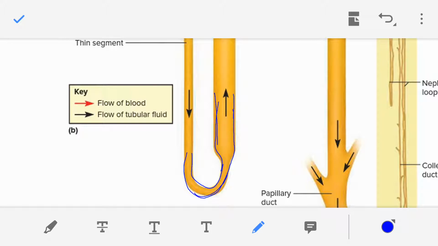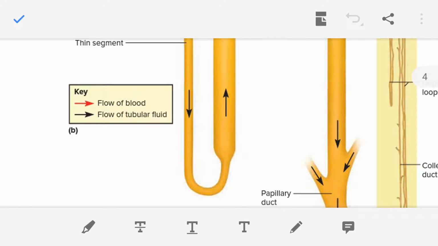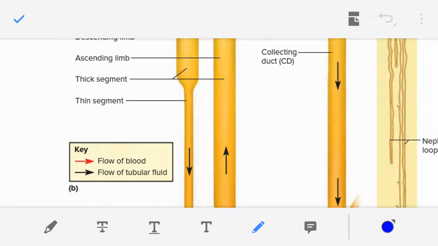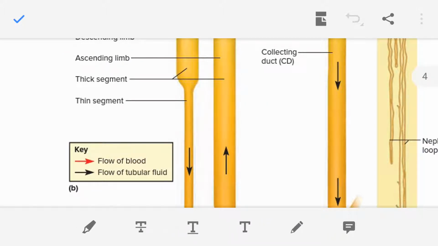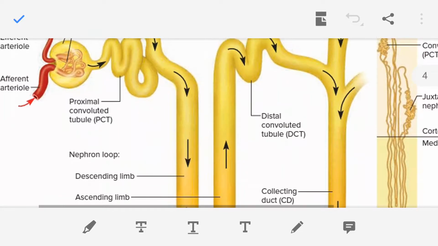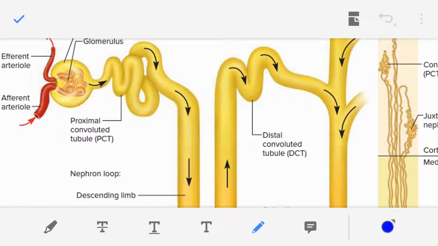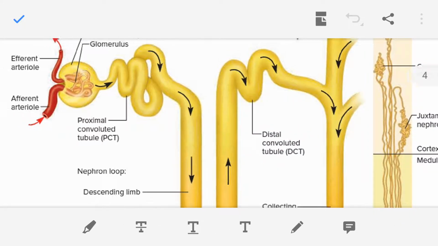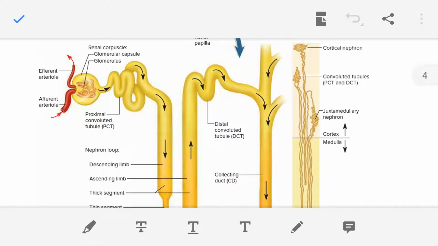This part has the greater diameter, and this portion is known as the ascending limb, and this ascending limb finally opens into the DCT. Okay, so this was the ninth point.